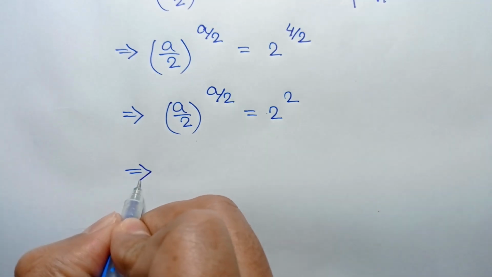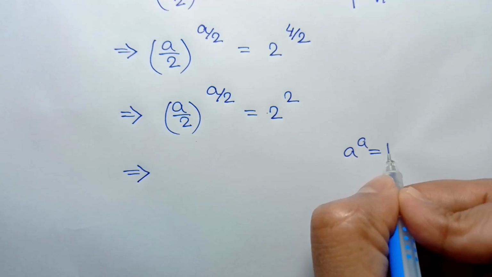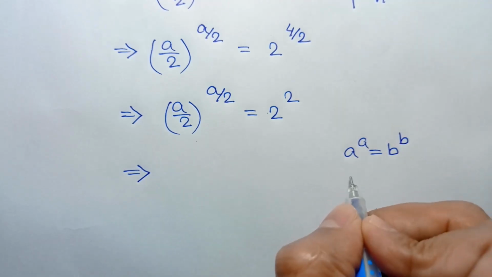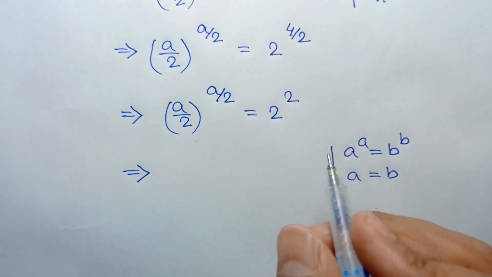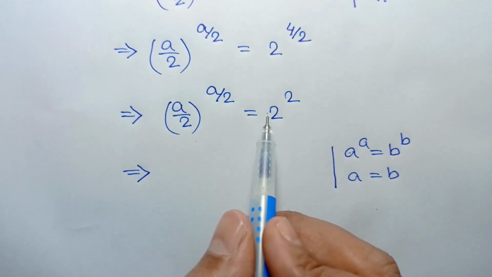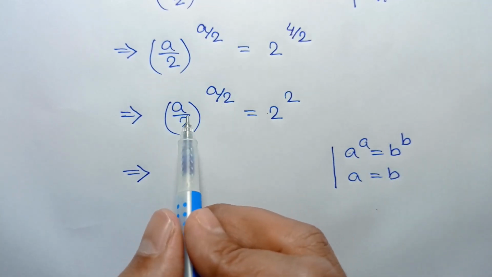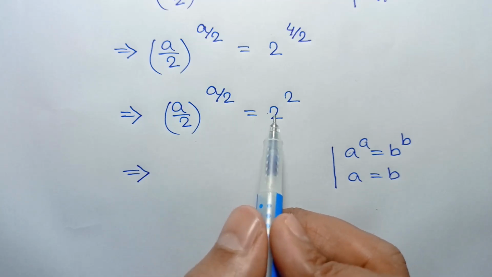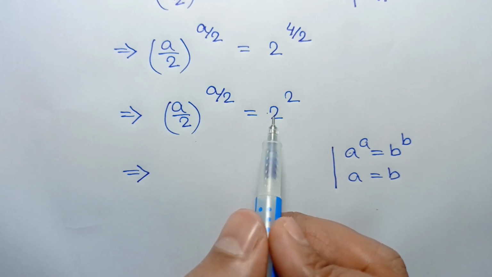According to this formula, when a to the power a is equal to b to the power b, then a is equal to b. Now comparing a over 2 as a and this 2 as b, we can write a to the power a is equal to b to the power b. So this a over 2 is equal to this 2.